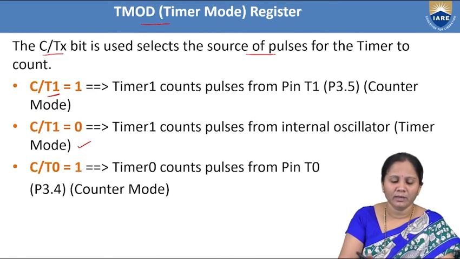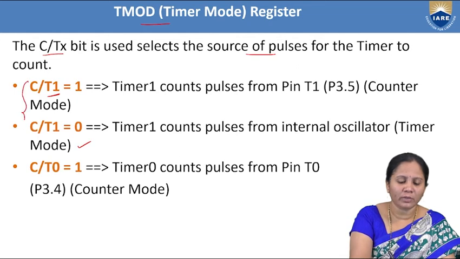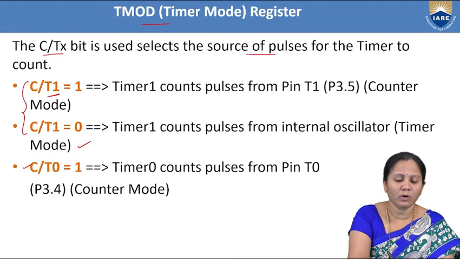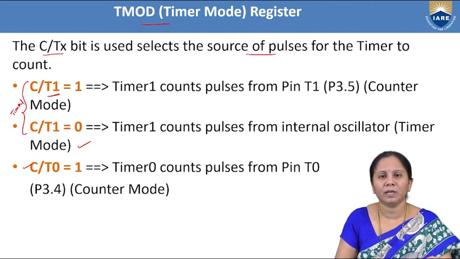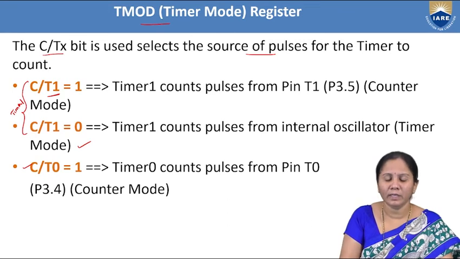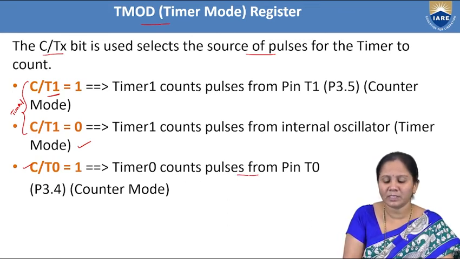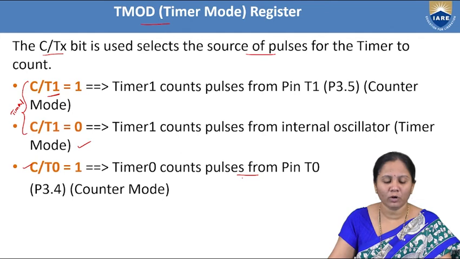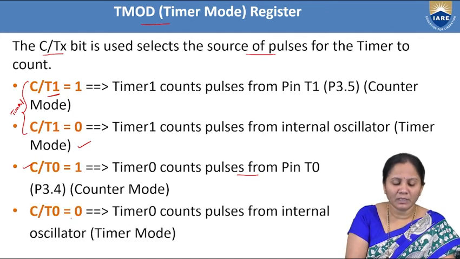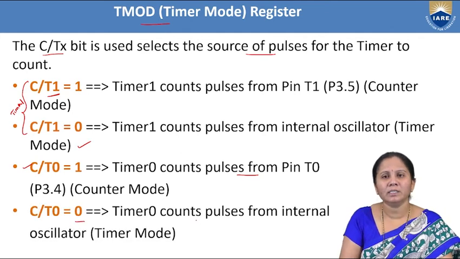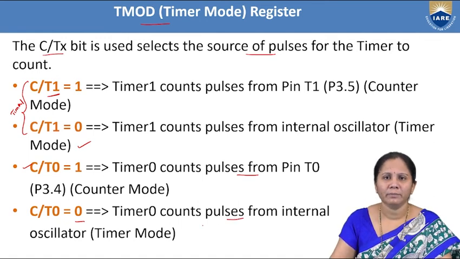The next one is C/T0, which is related to timer 0. If this is 1, it indicates timer 0 counts pulses from pin T0, and if C/T0 is 0, it indicates timer 0 counts pulses from the internal oscillator.